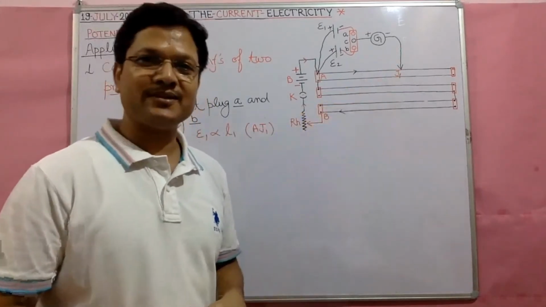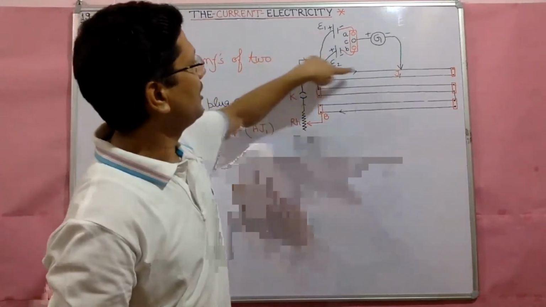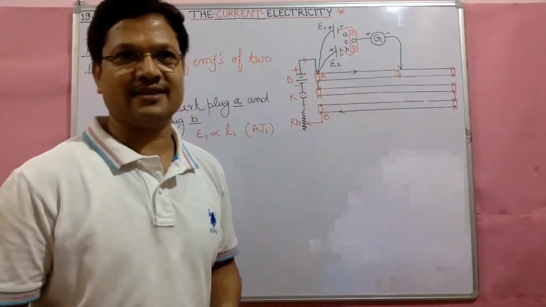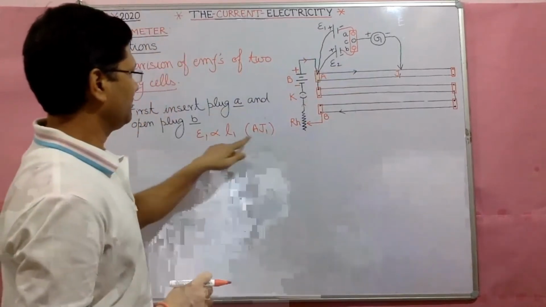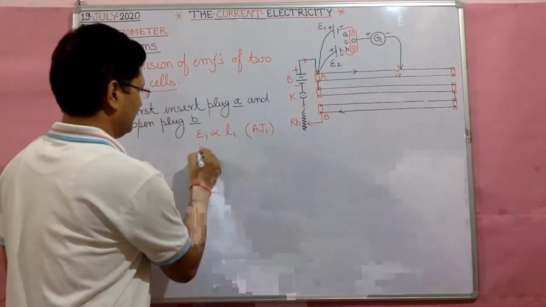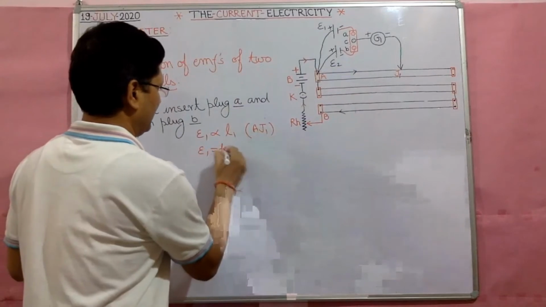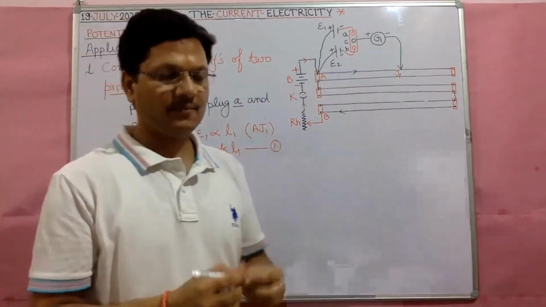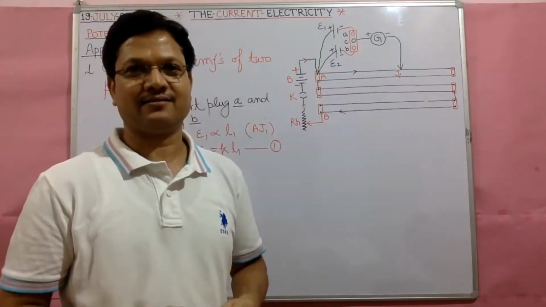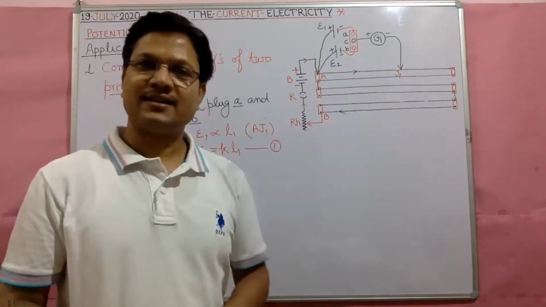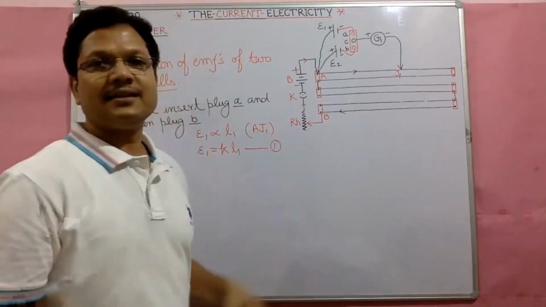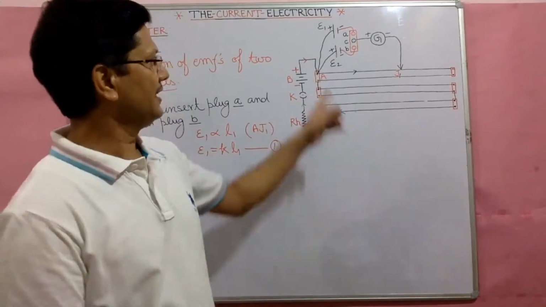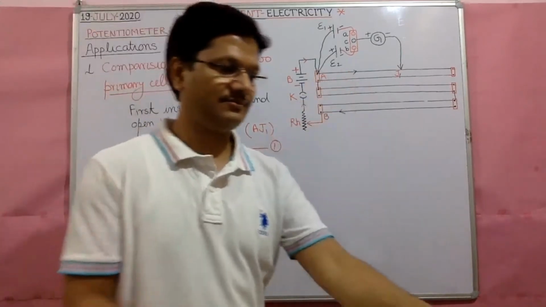So according to the principle, the potential drop across AJ1 is directly proportional to the length AJ1, so E1 is equal to K L1, equation number 1. This is for cell E1. And what is this K? This K is the potential gradient, which is constant in this particular condition.